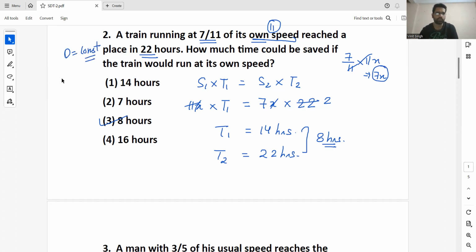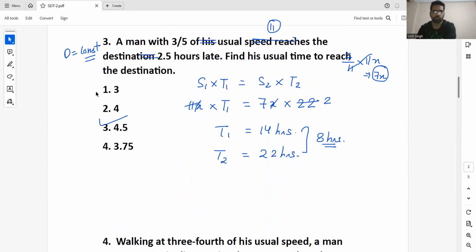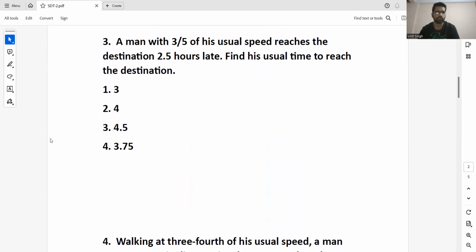The next question. A man with 3 by 5 of his usual speed reaches the destination 2.5 hours late. Find the usual time to reach the destination.